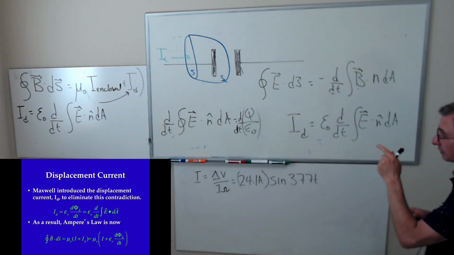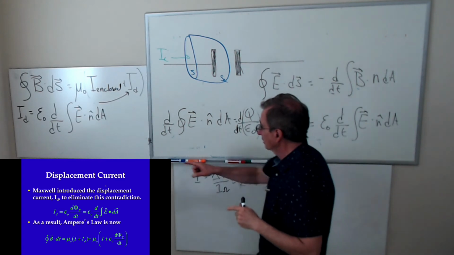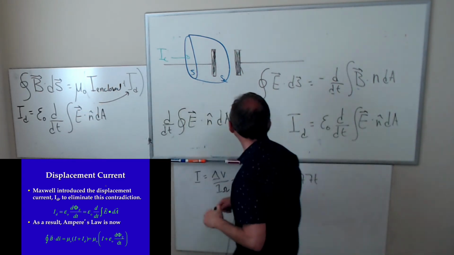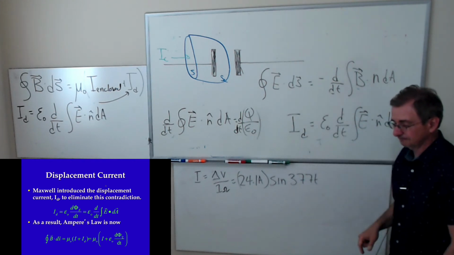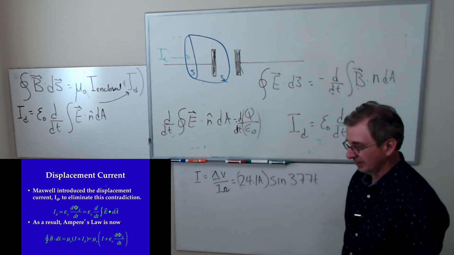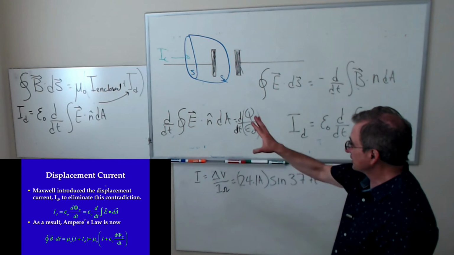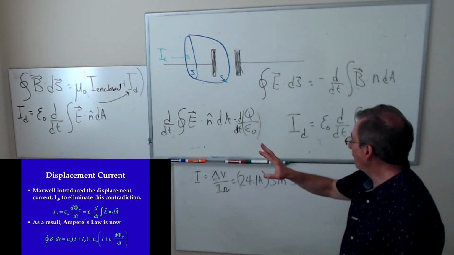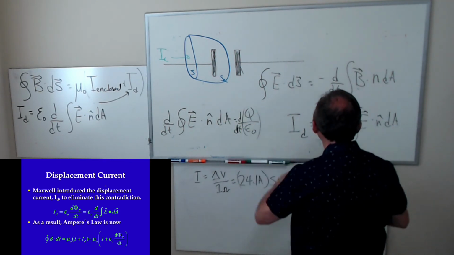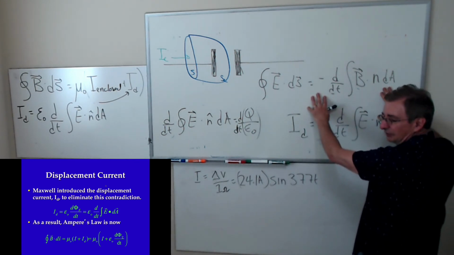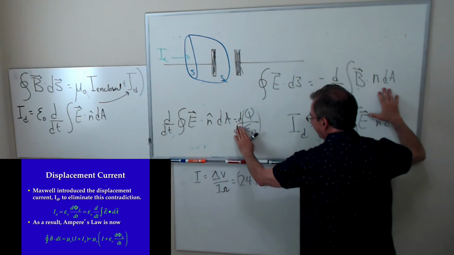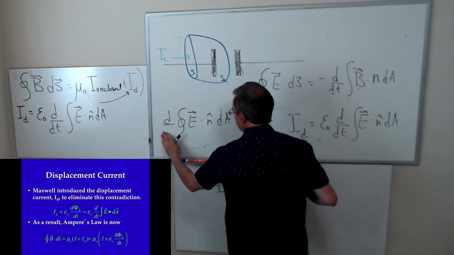So a time-varying electric field produces a magnetic field, and a time-varying magnetic field produces an electric field. And this finishes off his four equations. There's one of Maxwell's equations, this is another one, and here's another one, and then the one for the magnetic field.